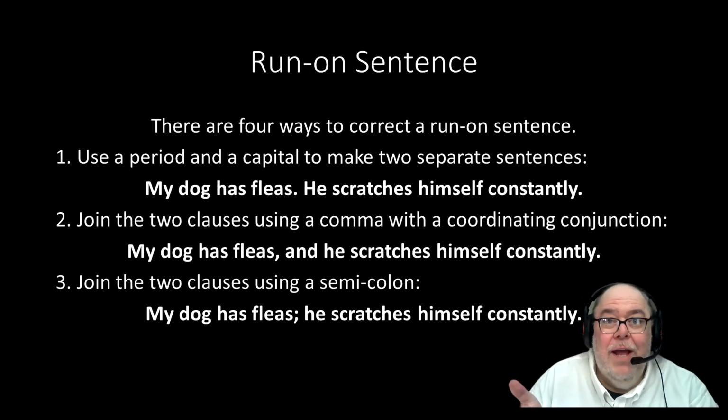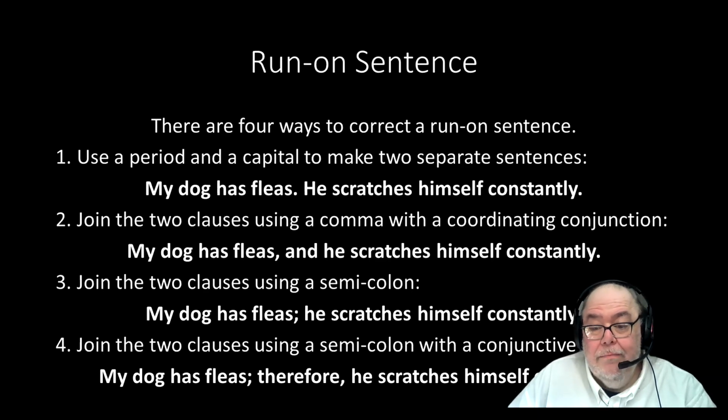Sometimes you have a pronoun in a separate sentence and it's not completely certain what the antecedent is, what the pronoun is referring to. In this case, we say he scratches himself constantly, but obviously he refers to my dog.